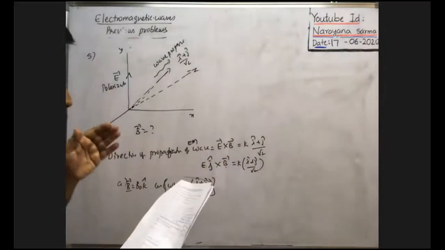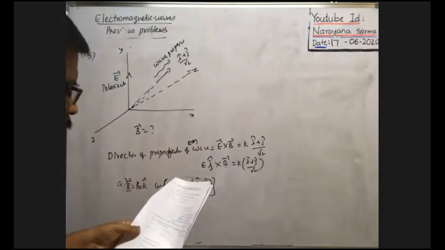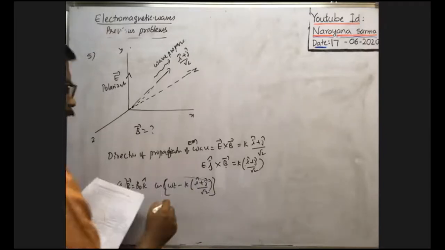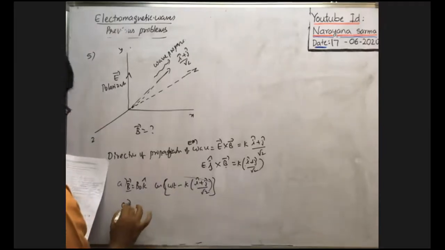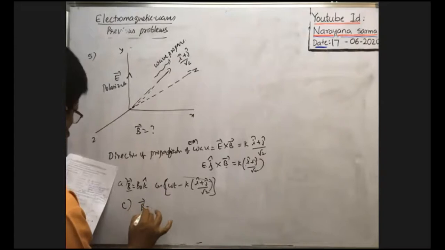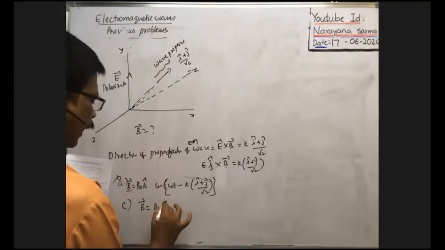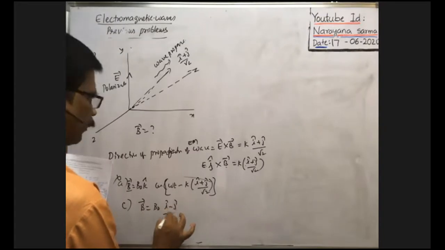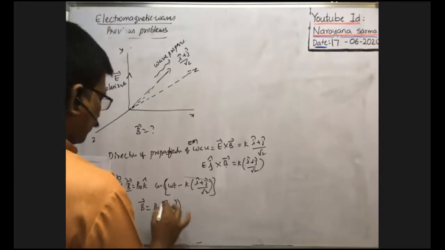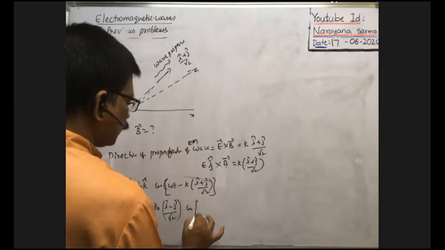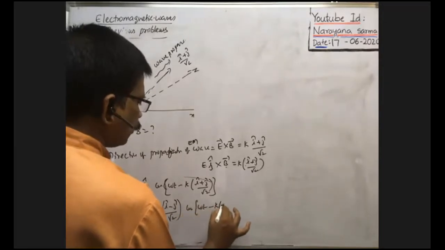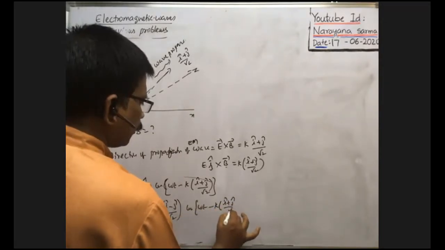In this way, you check the options. When you check the options, suppose in option C, B bar is given as B naught into (i cap minus j cap)/root 2 into cos(omega t minus k into (i cap plus j cap)/root 2).